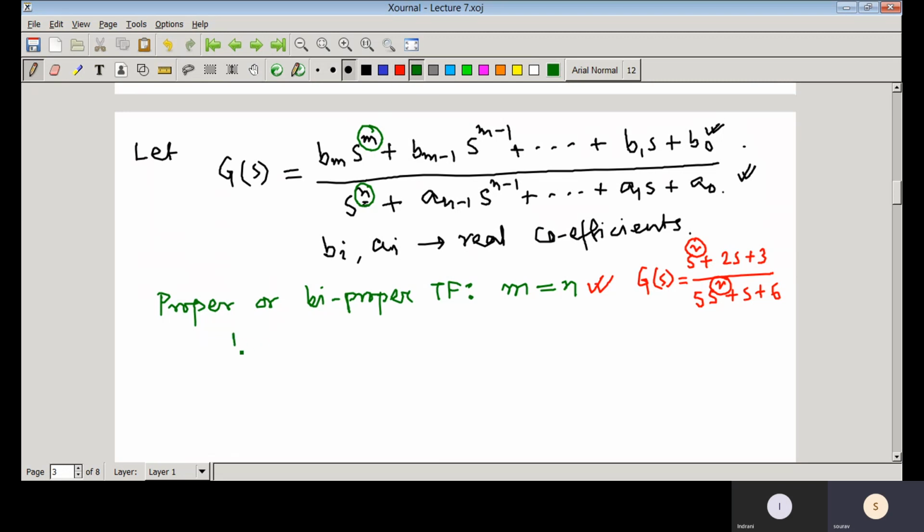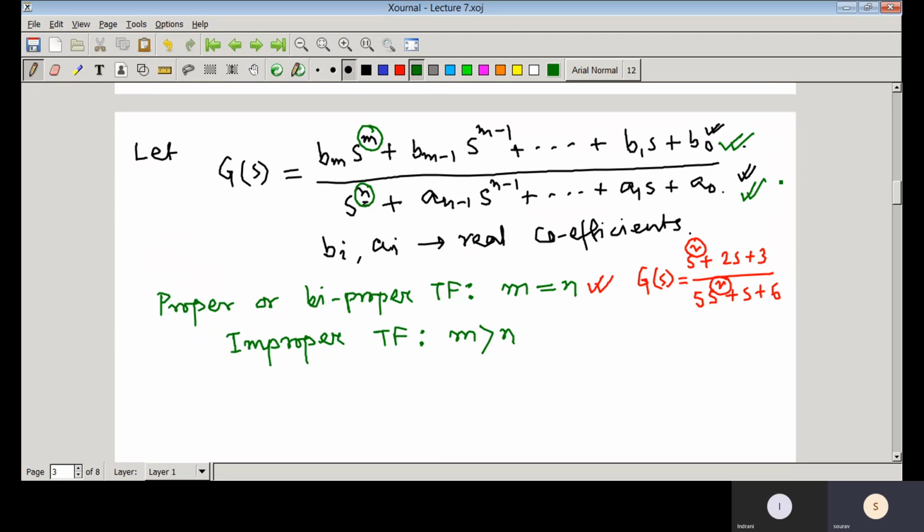Now what is an improper transfer function? An improper transfer function is one where m is greater than n, that means the degree of the numerator polynomial is greater than the degree of the denominator polynomial.